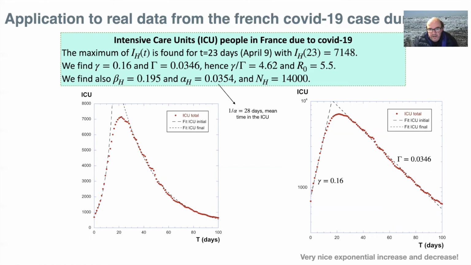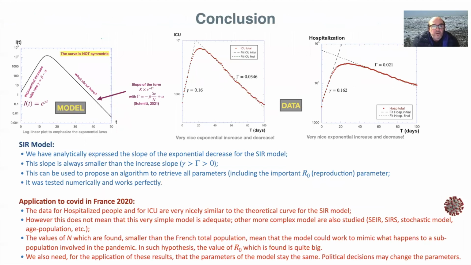So it means that associated with the intensive care unit, there is a global population, assumed to be homogeneous, of 14,000 people. Our conclusion is, first, we have an algorithm which works because we tested it on numerical data.